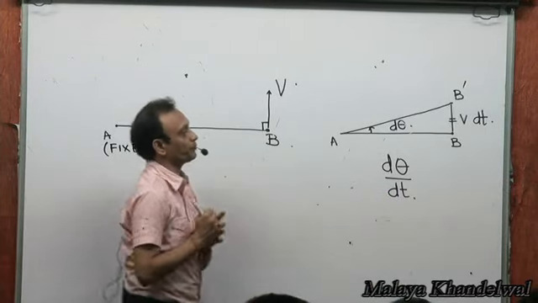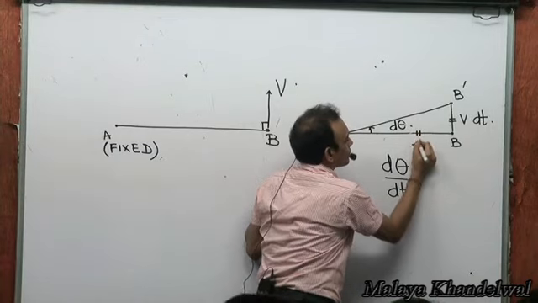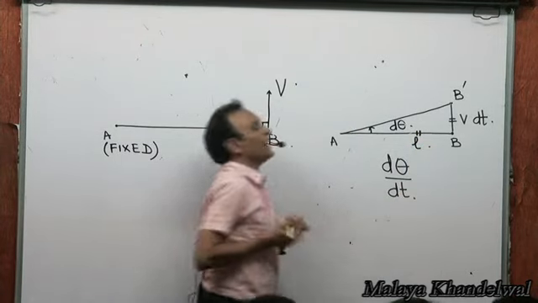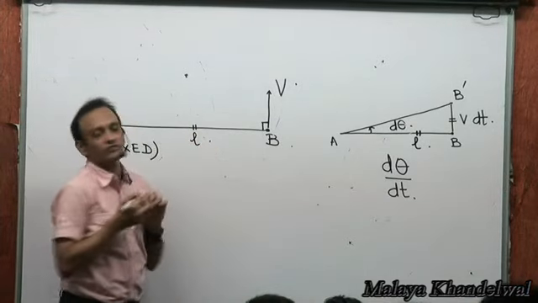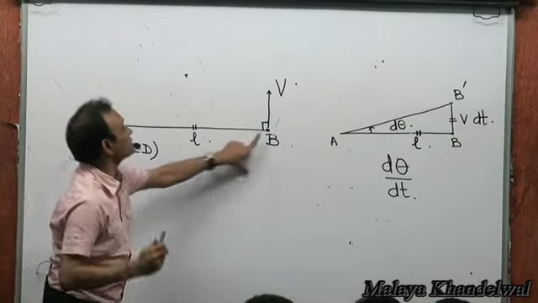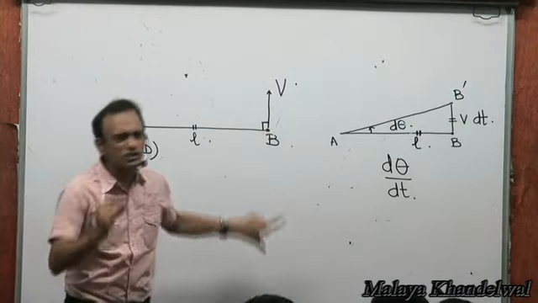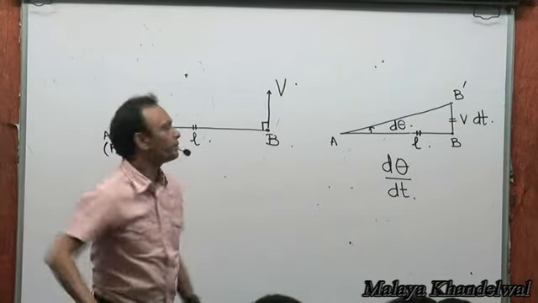Now, this was the original length L of the line joining the two particles A and B, where A is fixed and B at a certain instant has a velocity v. In a small time dt, its velocity is not going to change, right?